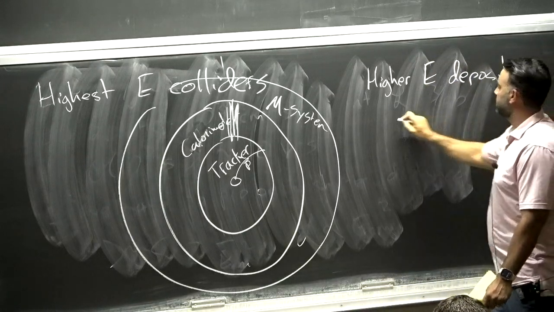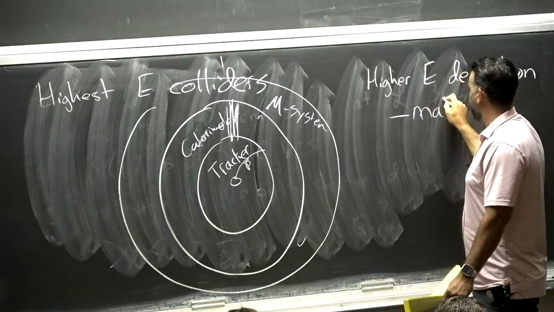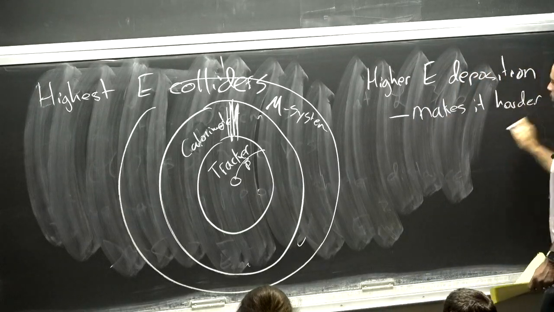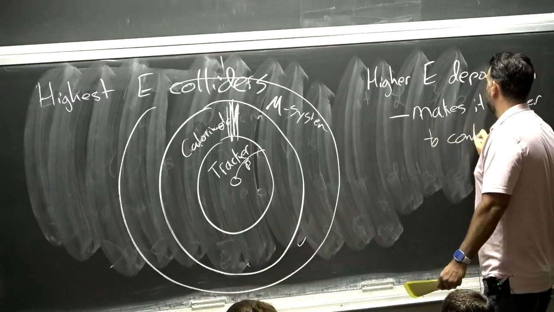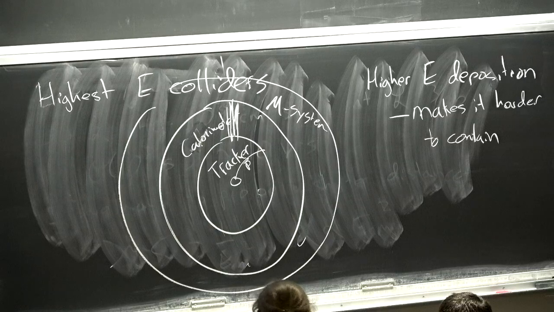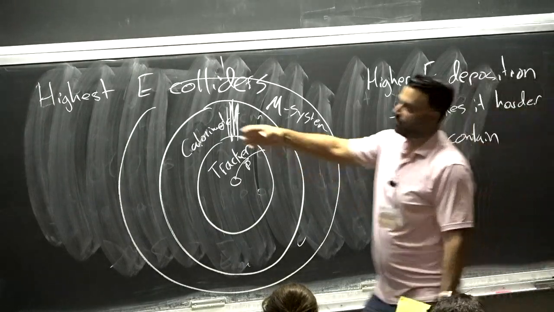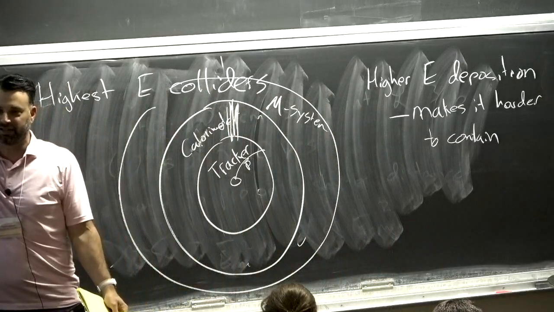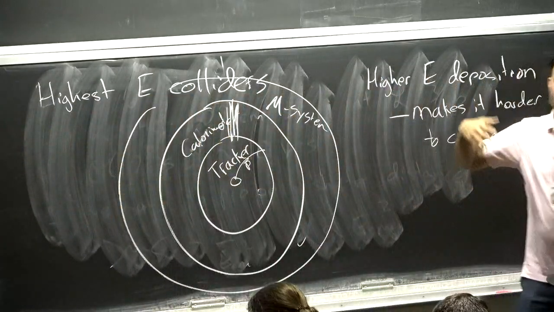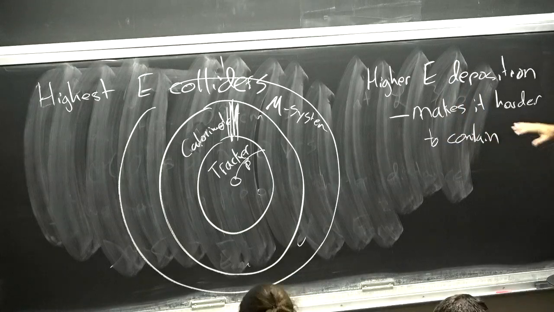So what happens is this makes it harder to contain it. Now, what I can do, of course, is keep scaling my detectors bigger and bigger, but if any of you have seen this, I mean, this is roughly the size of this physics building, okay? So that's 10 TeV. If I want to go another order of magnitude or two, now I've got real issues with this.